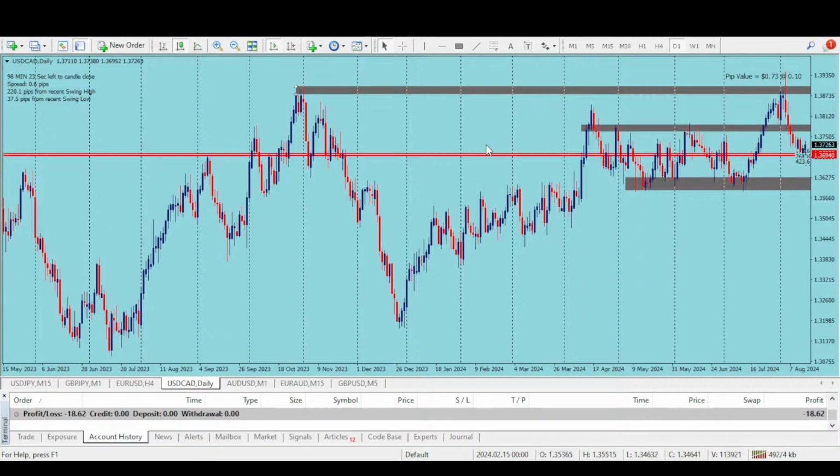You can see it now. We mark it on dailies. Then, let me remove something again, like Fibonacci.